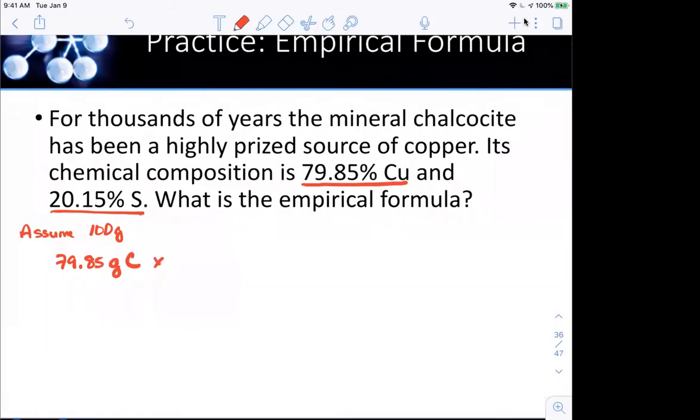And I can calculate the number of moles. For every 1 mole of copper, off my periodic table, I have 63.55 grams of copper.